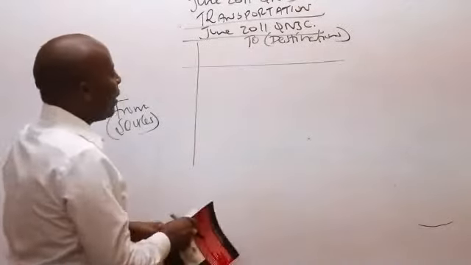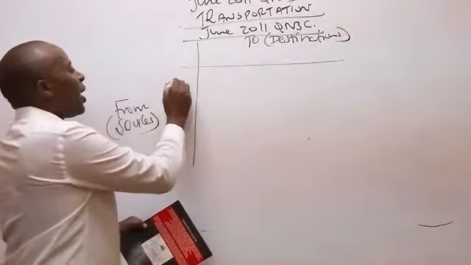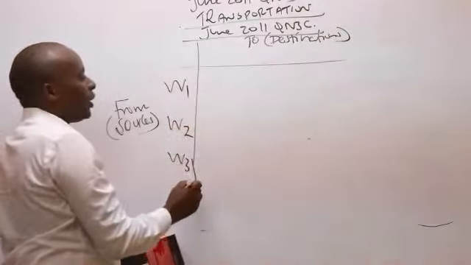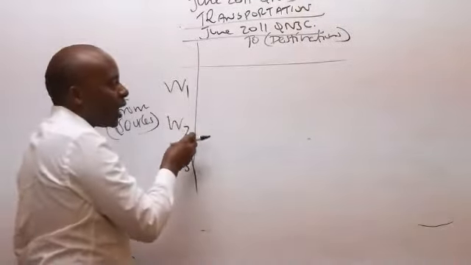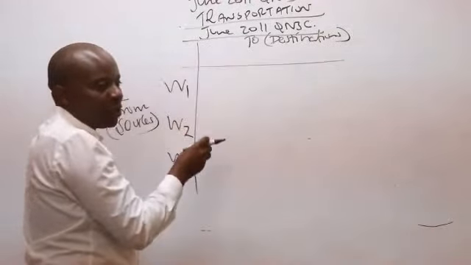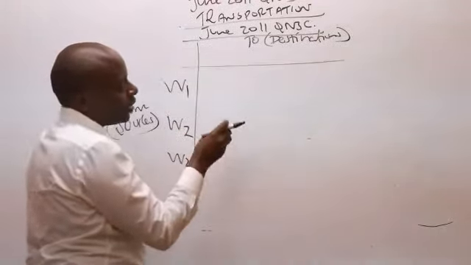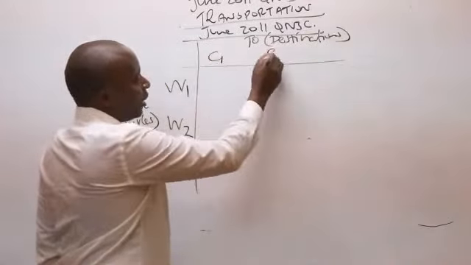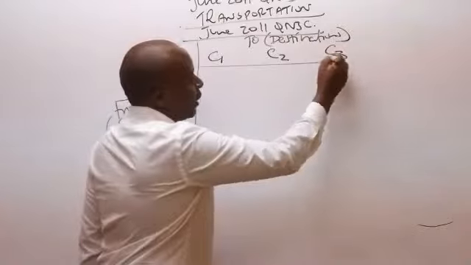We have 3 of them: warehouse 1, warehouse 2, warehouse 3. What we are going to do is get the rice from the warehouses to the destinations. And the destinations here are our various customers. So we have customer 1, customer 2, and customer 3.